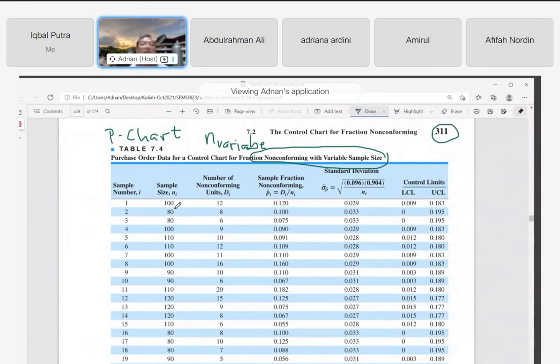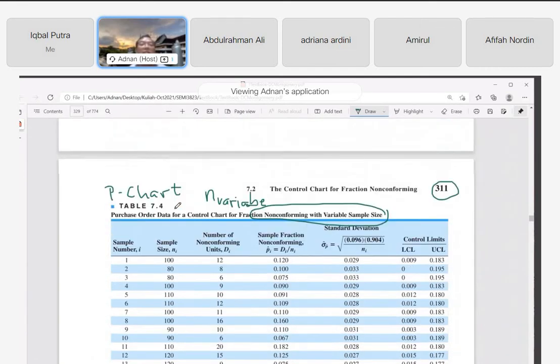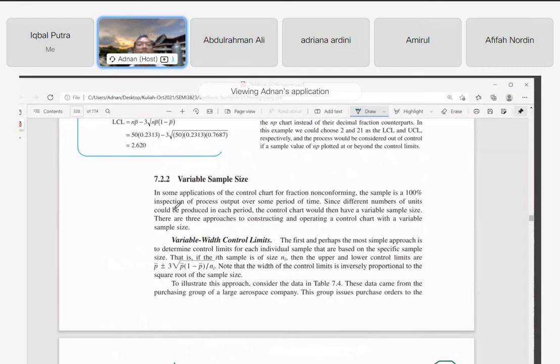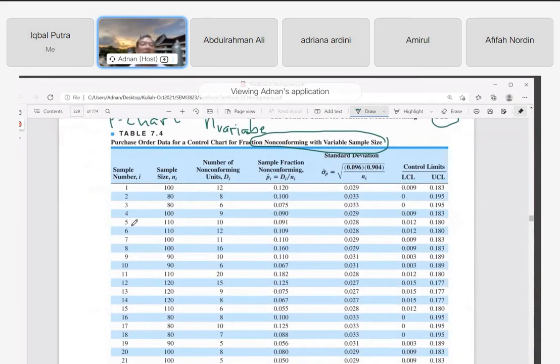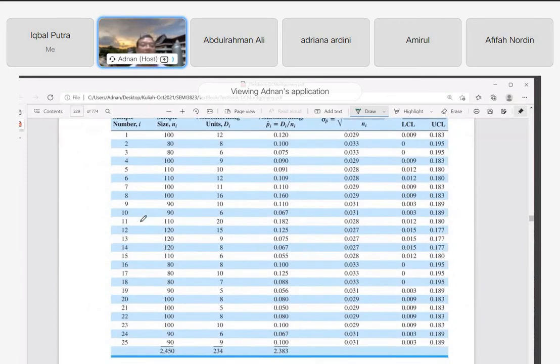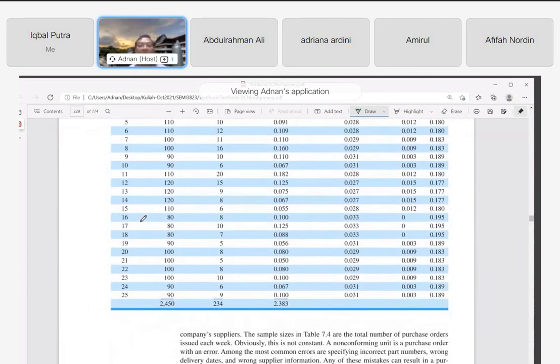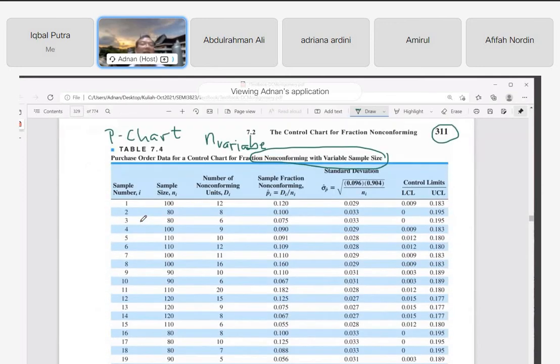You see in this example 7.4, referring to the data in this table. Look at the sample size. The sample size changes, sometimes 100, sometimes 80, sometimes 100, then 110, 90.